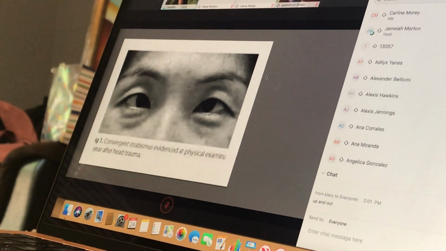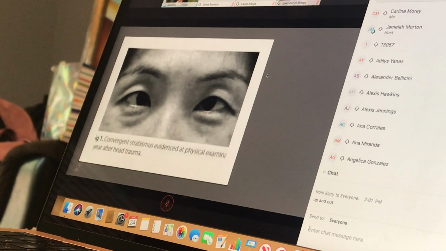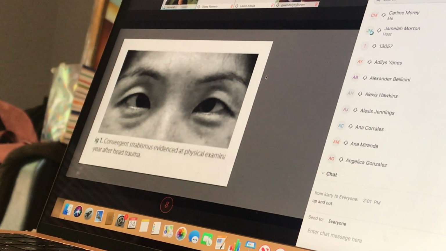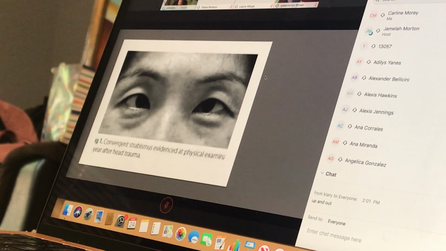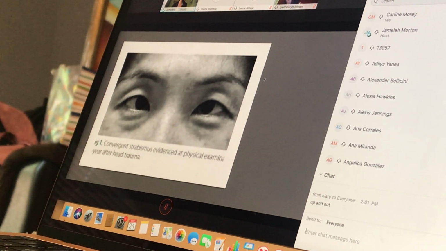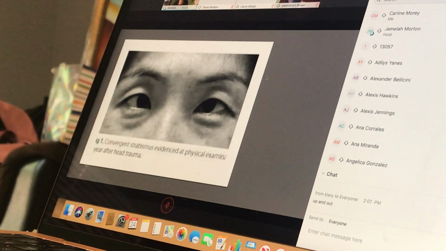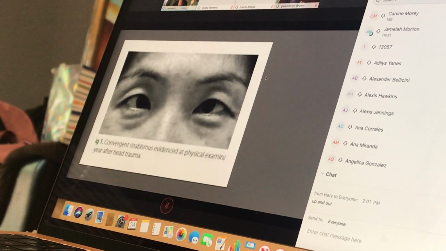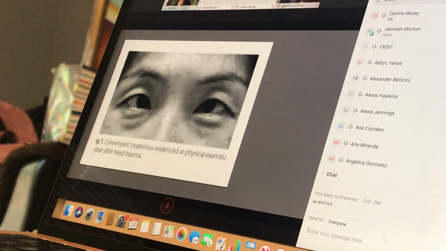Remember that the muscle that's affected is going to have less power. So the eye is going to rotate to the stronger muscle. That's why both of her eyes are rotating in, because the lateral rectus muscle is dysfunctional. So the medial rectus muscle, which pulls the eye in, is taking over. Okay? So what could be going on with this young lady?